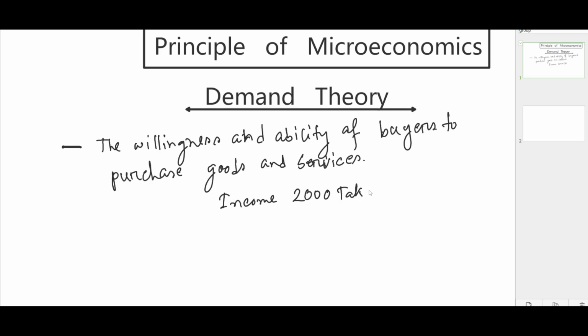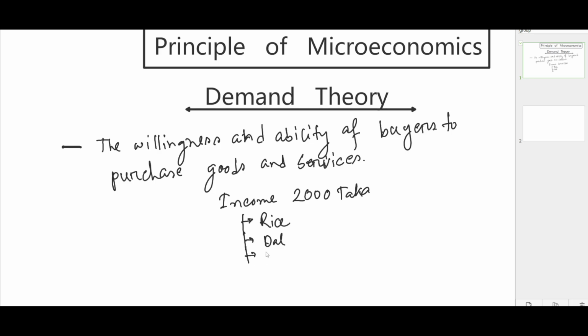From this 2000 taka I can buy some things such as rice, or other low-priced items such as dal.